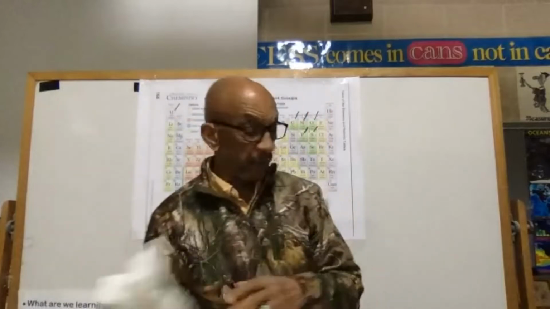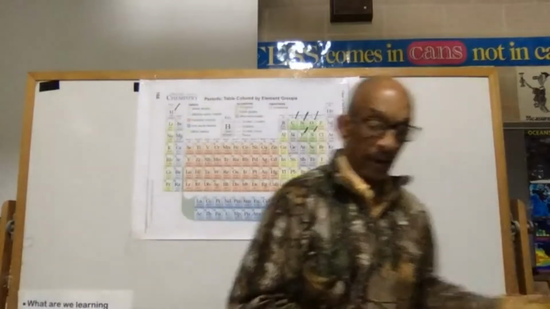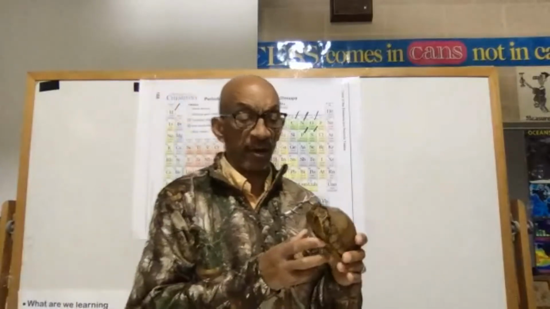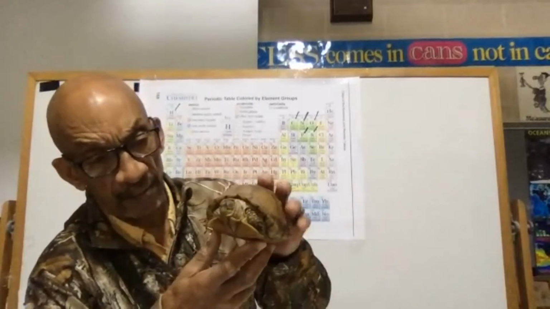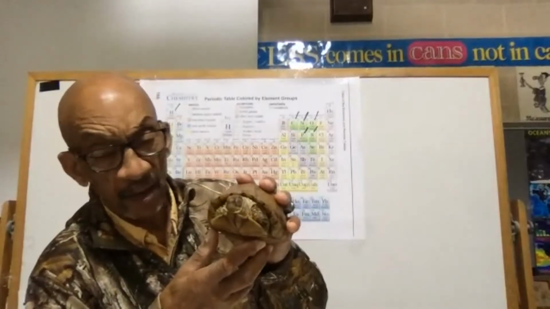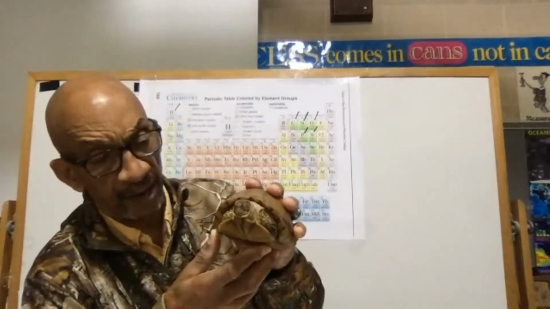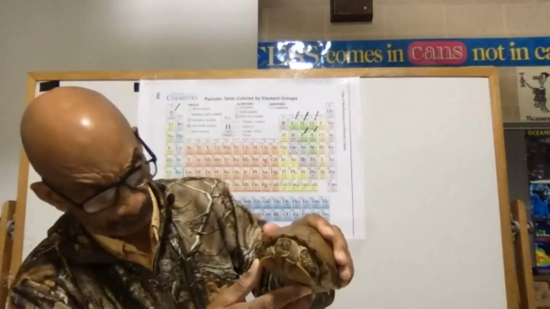Okay, the next animal I'm going to show you is a member of the reptile family. And of course, if you were here with us today and we were scheduled to take a nature trail hike, we probably wouldn't see any of these animals like this, simply because they are in hibernation now. This is a three-toed box turtle.